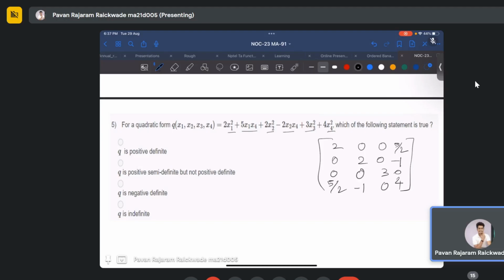So you can directly find out now whether this matrix is positive definite. So if we do the principal minors thing, just a minute. Meanwhile, you can just calculate whether this is positive definite.